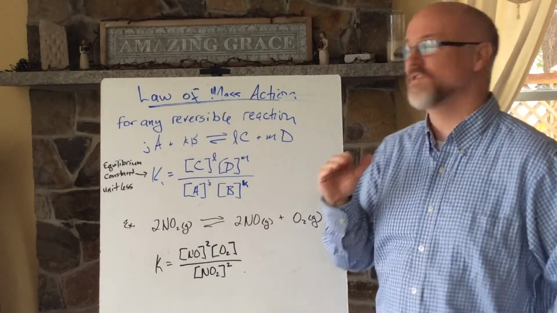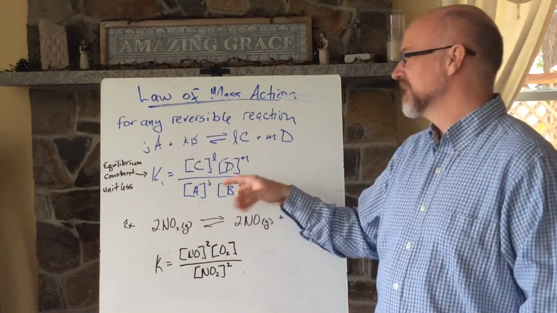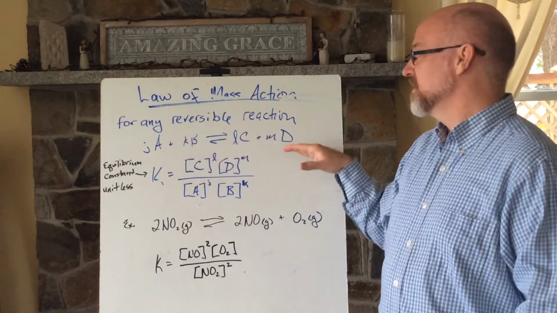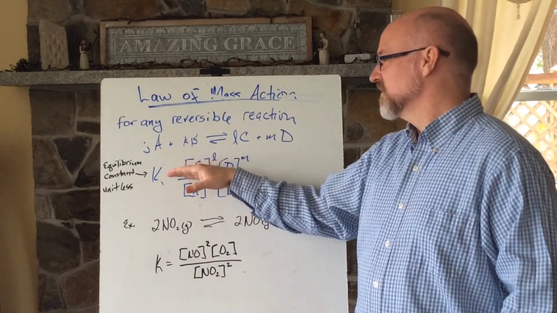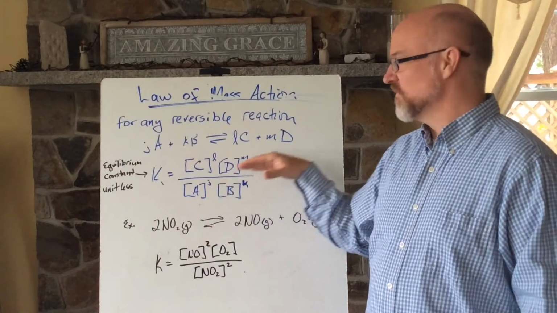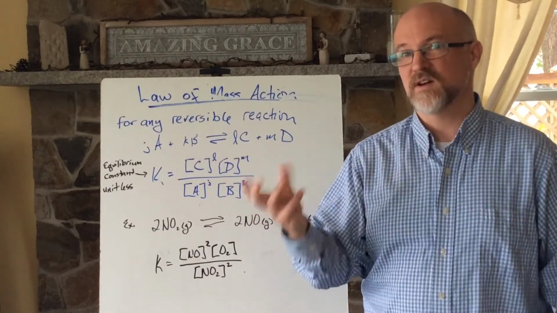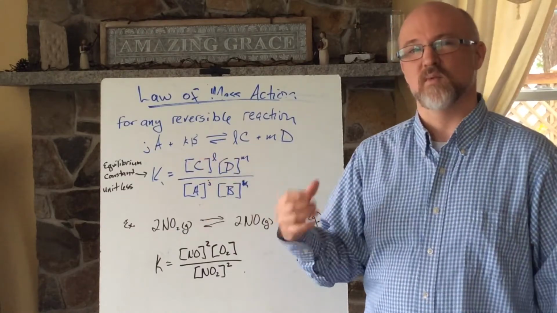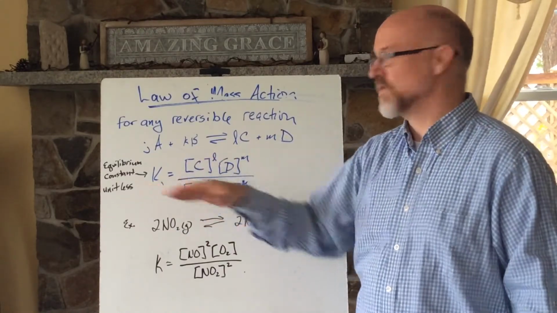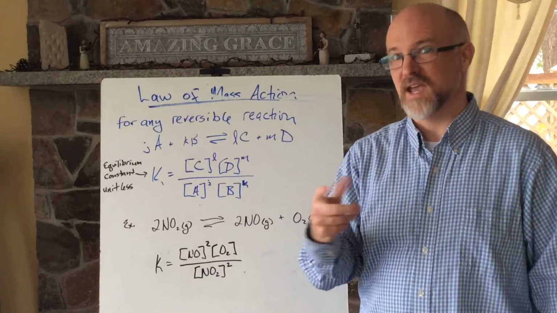And this is based on something called the law of mass action. And what that law implies is that there is a proportionality of products to reactants when we're at equilibrium. And so if we know the concentration of each thing when it's at equilibrium, we can have a value called K.